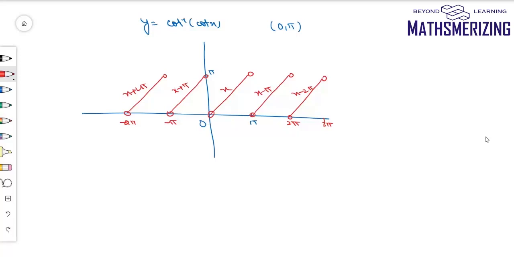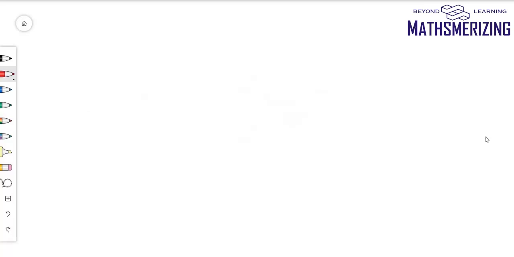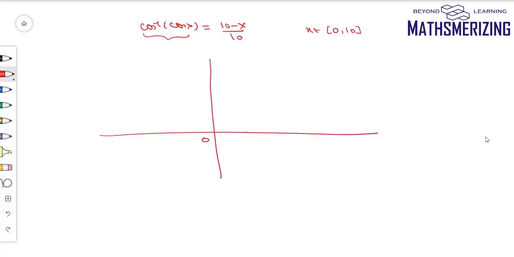Say for example, suppose I have to find the number of solutions of the equation cos inverse of cos x equals (10 minus x) upon 10, when x belongs to 0 to 10. So I'll draw the graph of cos inverse of cos x. The principal value range of cos inverse is 0 to pi.